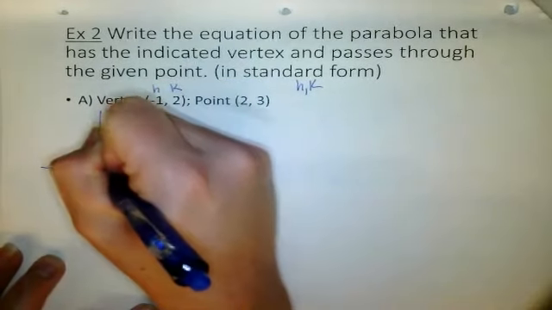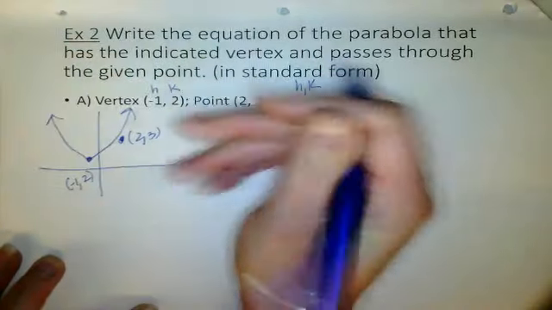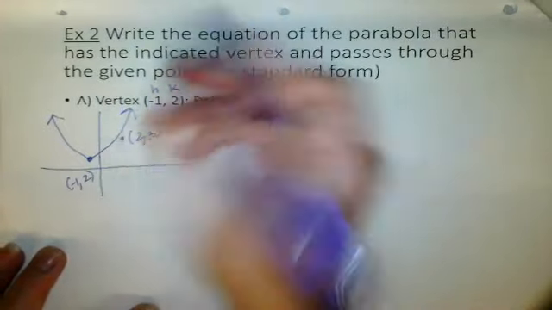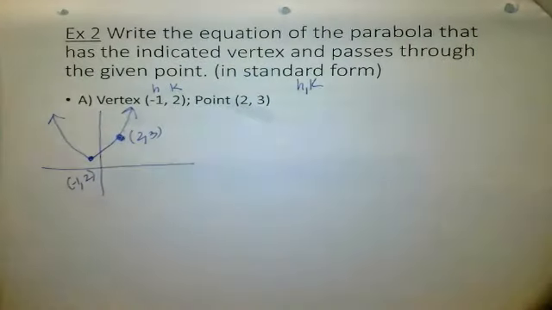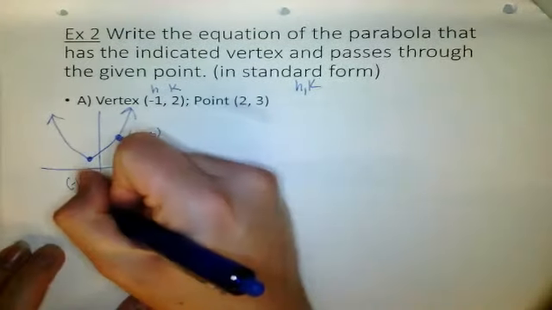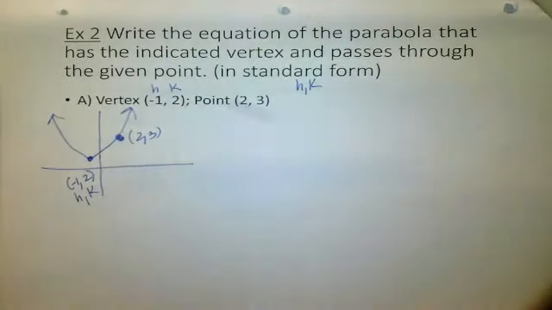And so you might have a picture of a parabola. We'll pretend that it passed through the point. And if you look at that picture, you can also tell that you are given the vertex, which is H and K information.